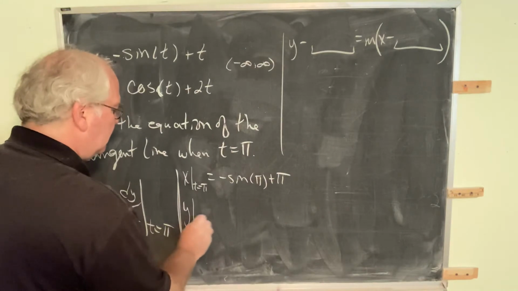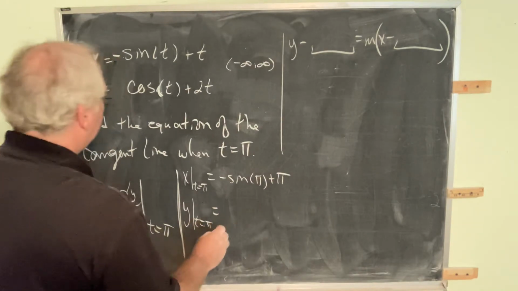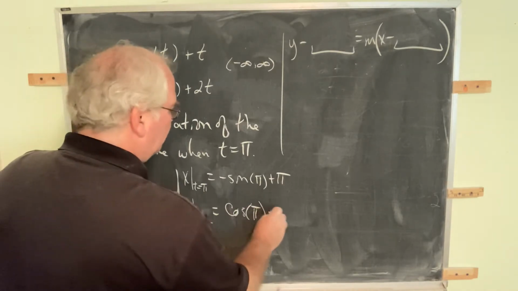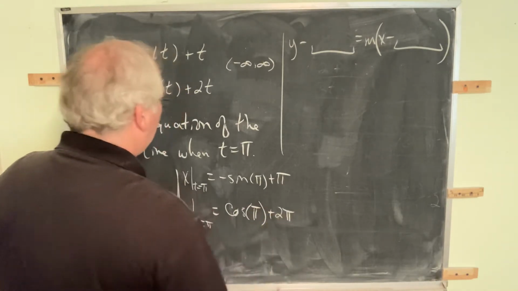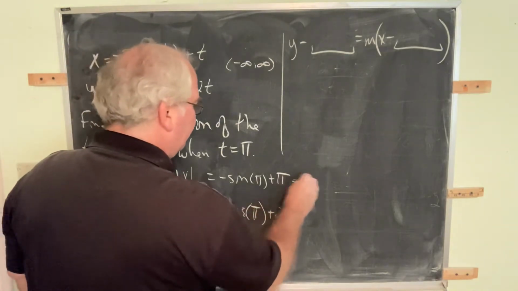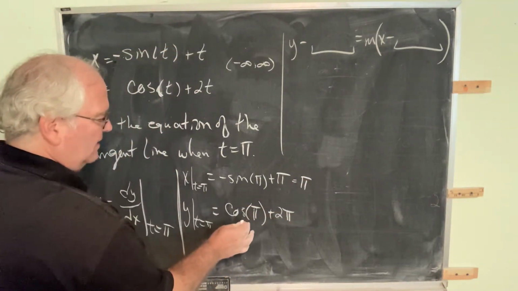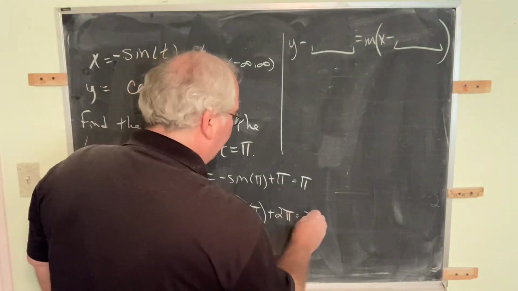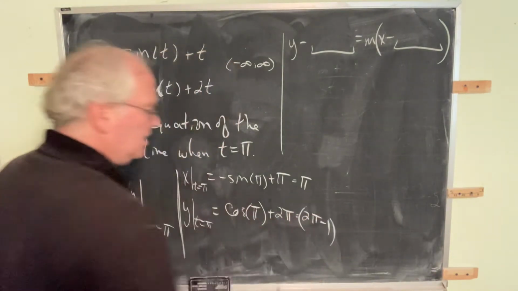Y at t equal pi is given by cosine of pi plus 2 times pi. And what is that? That's 0 plus pi, which is equal to pi. And this is negative 1, negative 1 plus 2 pi. I'll write this as 2 pi minus 1 quantity.